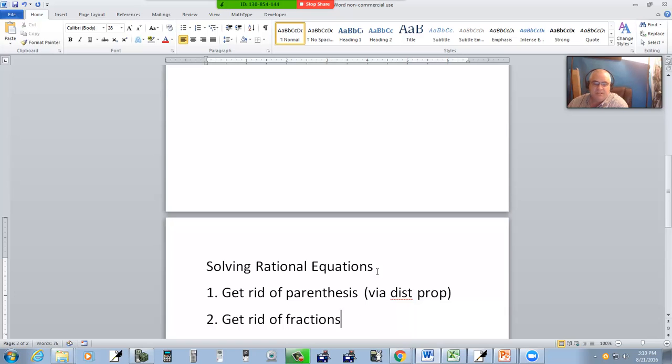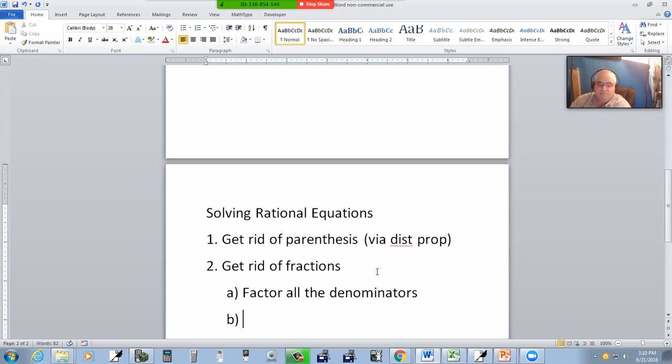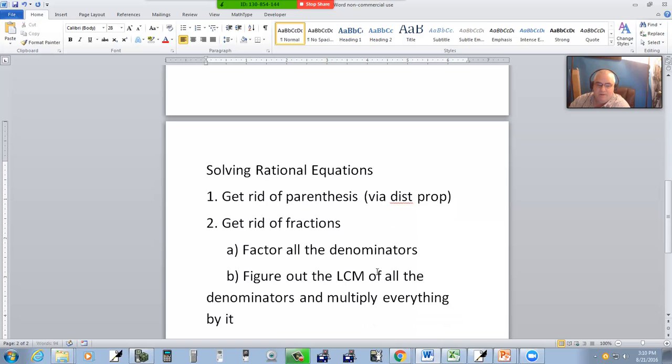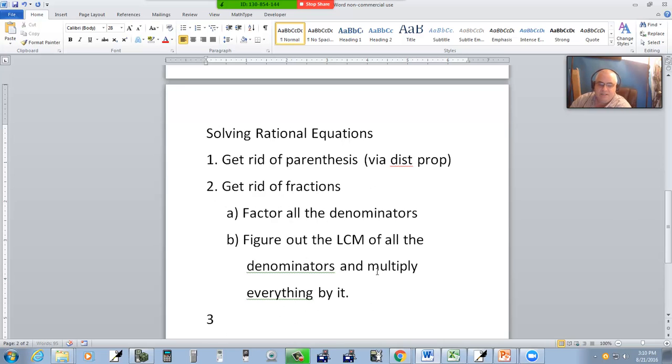In order to get rid of fractions when talking about rational equations, let me go ahead and write out the steps for that. Typically, we factor all our denominators, figure out the LCM of all the denominators, and multiply everything by it. Then step 3, you solve for x, and that's pretty vague.